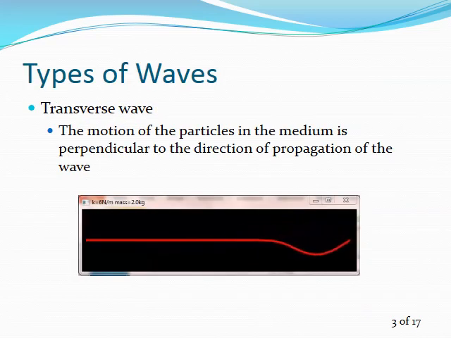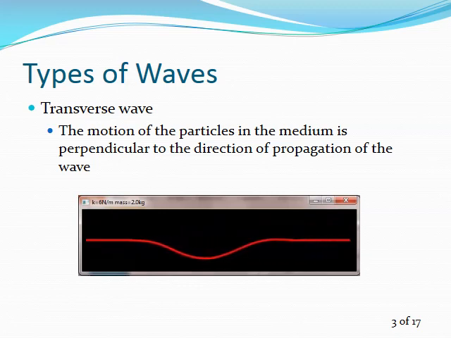Alright, so there's two types of waves. I have a video here of a transverse wave. And as you notice, the red is a string, and you notice that the medium, the string, is moving perpendicular to the motion of the pulse going down the string.